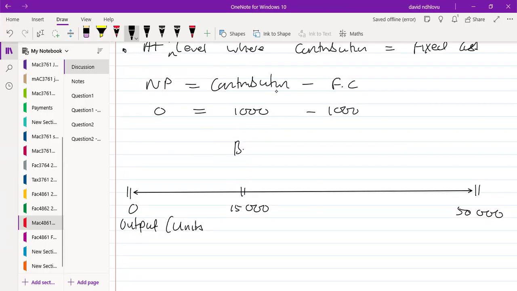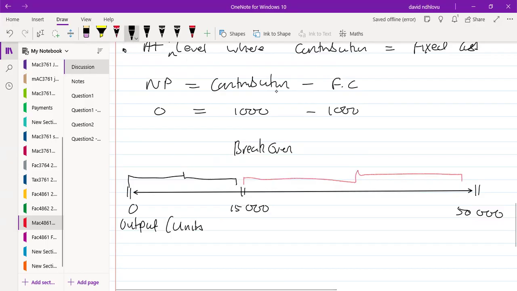So if this here represents break-even, remember what that actually entails. It means that at this level, we are going to be making losses. At this level, we are going to be making profits.